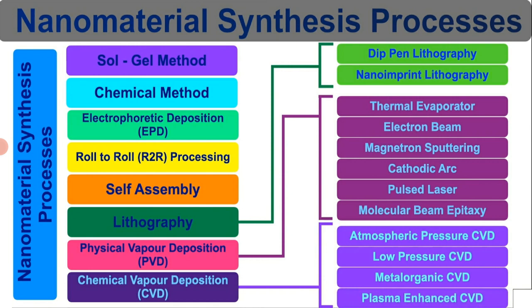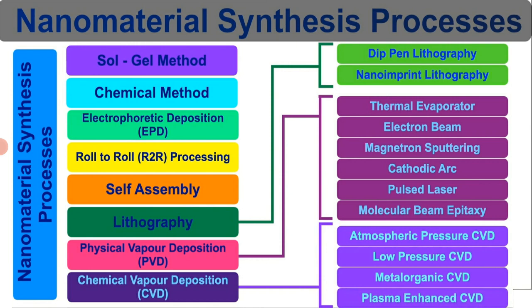First, sol-gel method, chemical method, electrophoretic deposition, roll to roll processing, self assembly, lithography, physical vapor deposition, chemical vapor deposition. Lithography has two parts: dip pen lithography and nanoimprint lithography.